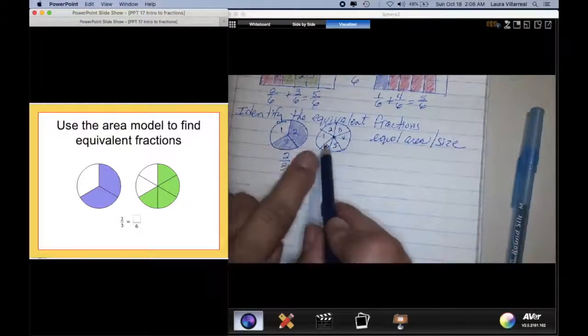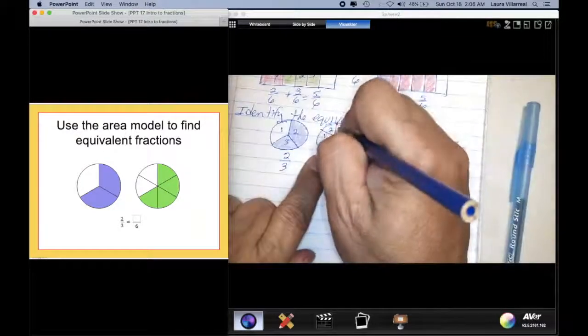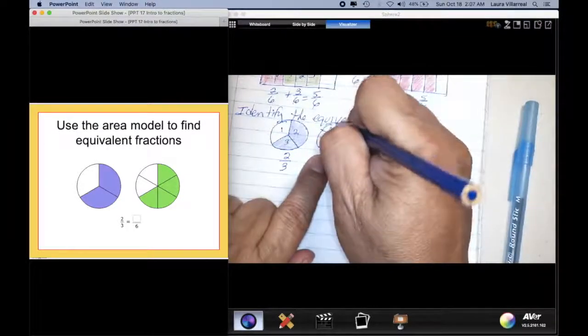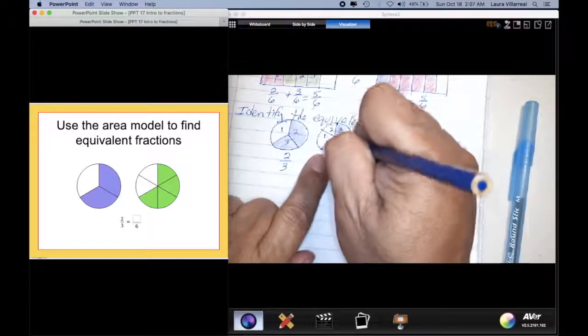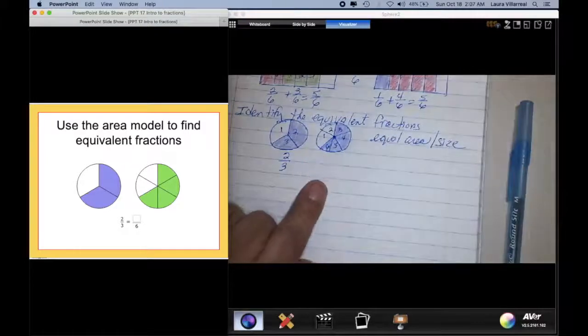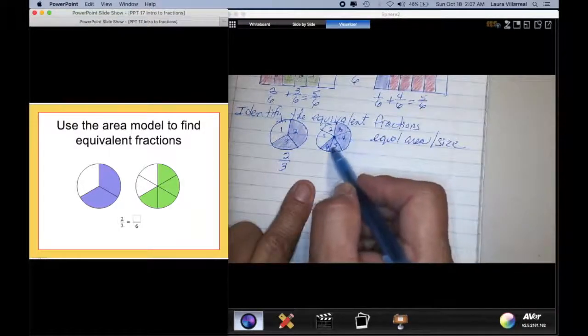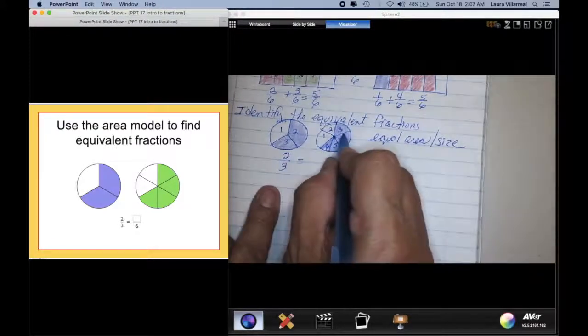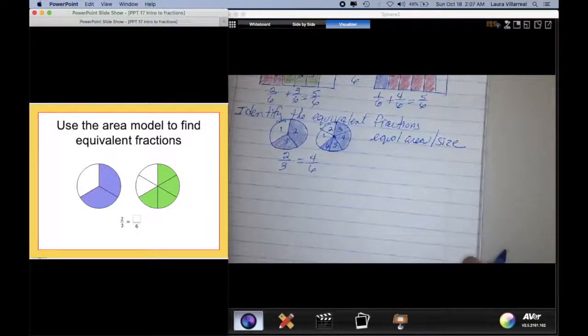And I want to shade the exact same thing over here. Exact same thing. My numbering's off. This should have been one, two, three, four. It's okay. Four out of six. Equivalent fractions.